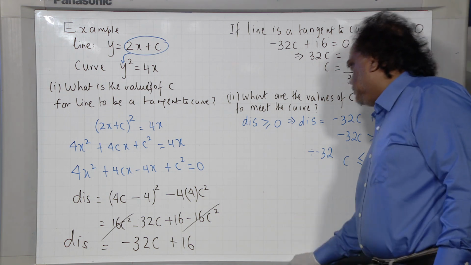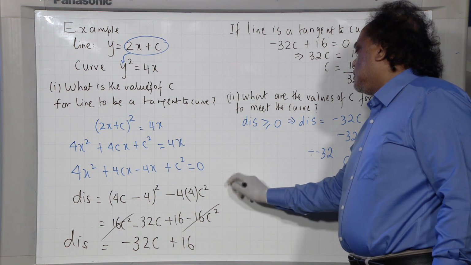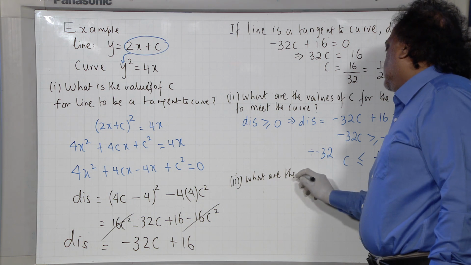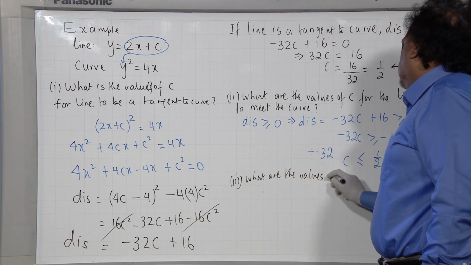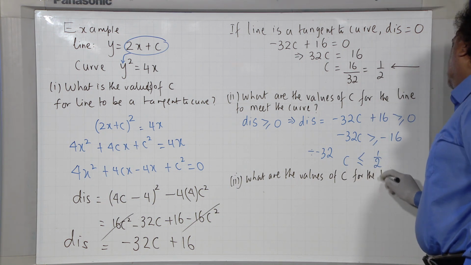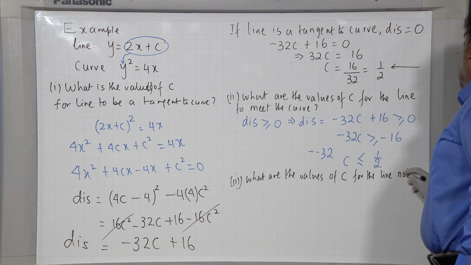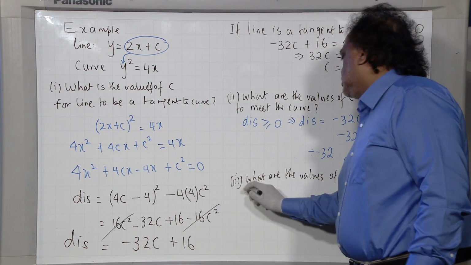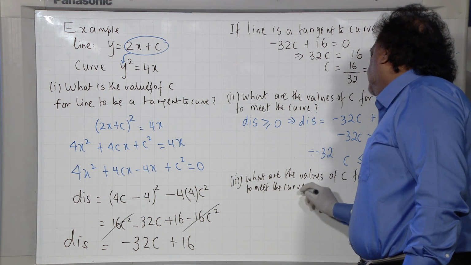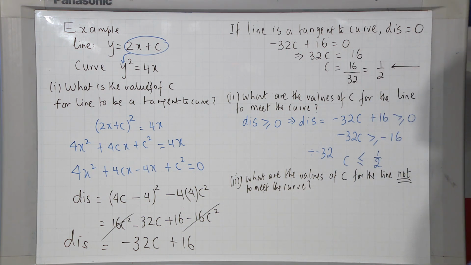Same question. What are the values of c for the line not to meet the curve? We don't want the line to meet the curve. What would be the values of c that would guarantee that the line will not meet the curve?